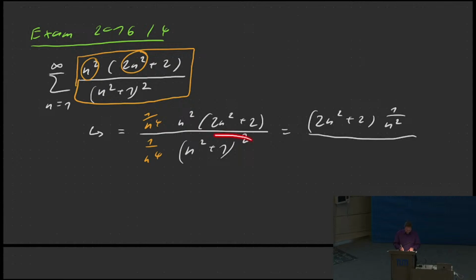And here in the denominator, I have this n squared plus 1, and I have that times n squared plus 1. And I have n to the power of 4 in the denominator. That's the same thing as 1 times n squared times 1 over n squared. So I can just take one of those factors into each of those two expressions.